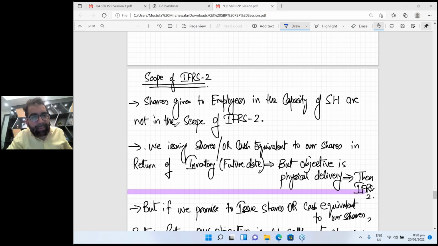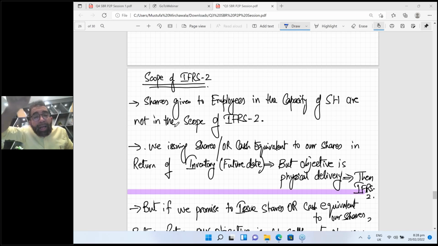Now after 2 years, listen to the story. The employee has shares. Now in future you issue a bonus issue or right issue. Obviously when we do a bonus issue or right issue, we issue shares to all our shareholders.